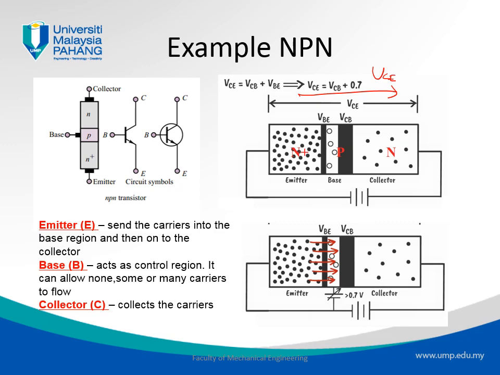VCB is from B to C, so this is VCB, and VBE is from E to B, so this is VBE. This KVL can also be observed on the circuit symbols.